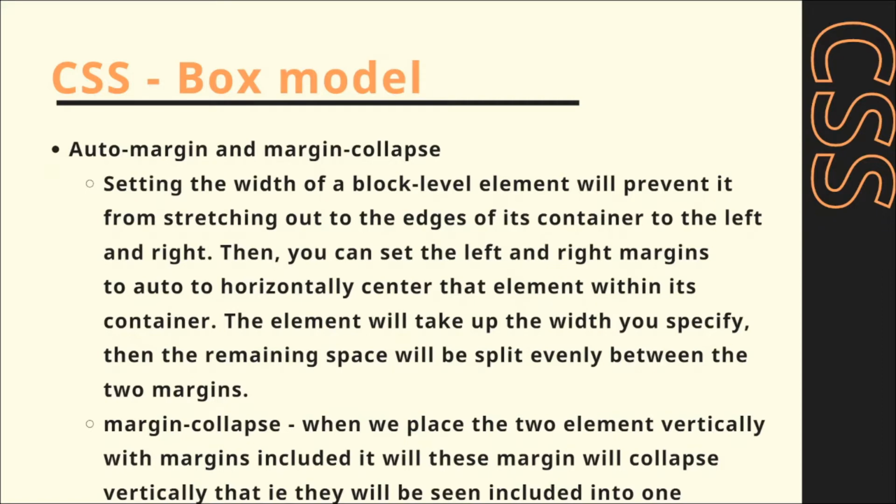And the margin collapse. When we place two elements vertically with margins included, the browser will try to collapse those margins vertically. That is, they will be seen as included in one another. That is known as margin collapsing.